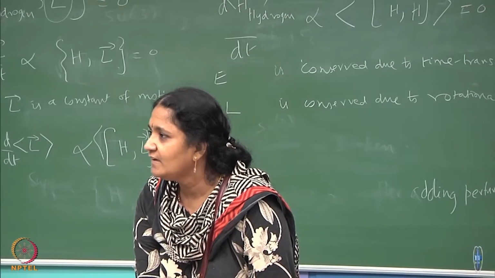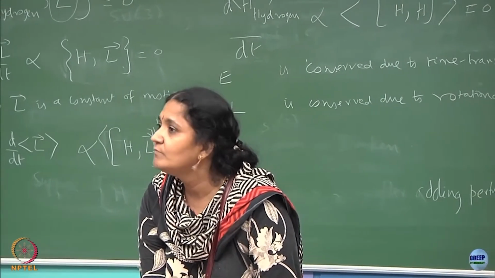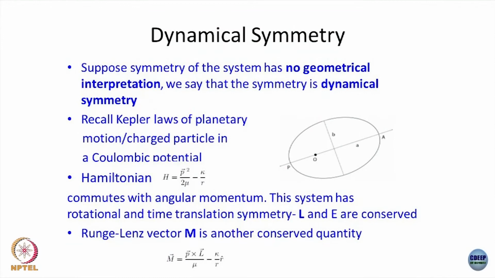dM by dt in classical mechanics is 0. You all know that. If you do not know, please go back and look at Goldstein to check whatever I am saying. The Runge Lenz vector is a constant of motion in classical physics.